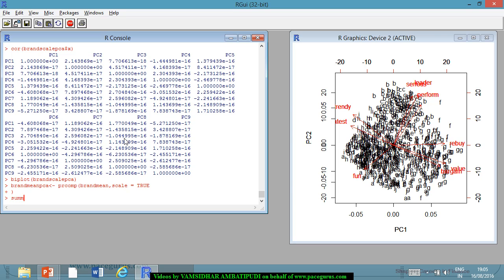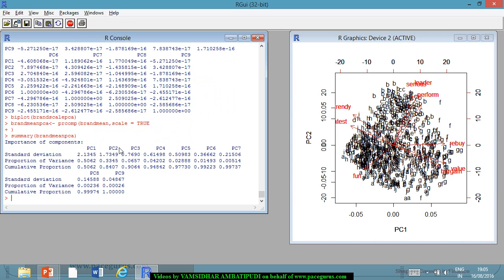If I do a summary of brand mean PCA, now the story is slightly different. If I am doing it on the mean, the first component alone is capturing 50% of the variation. The second component is 33% of the variation.